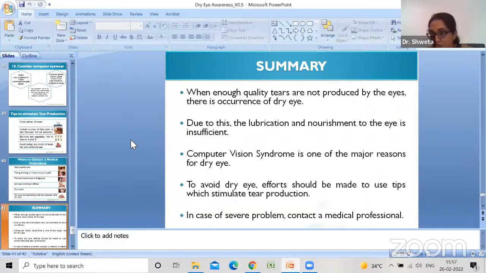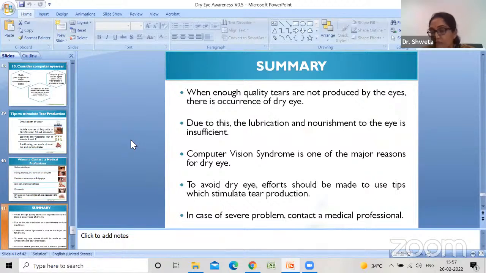Because of this prolonged exposure to screen, we are getting more and more patients with a condition called dry eye, which earlier we used to see only in elderly people, only in people who had certain diseases. But nowadays we are seeing it in normal individuals only because of overuse of screen or prolonged screen time.